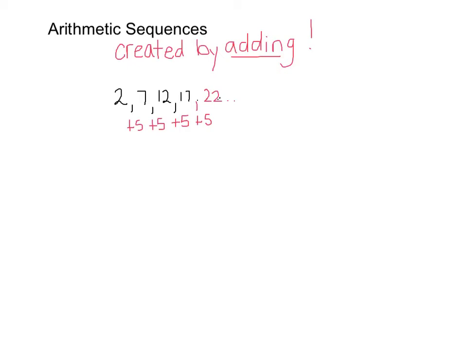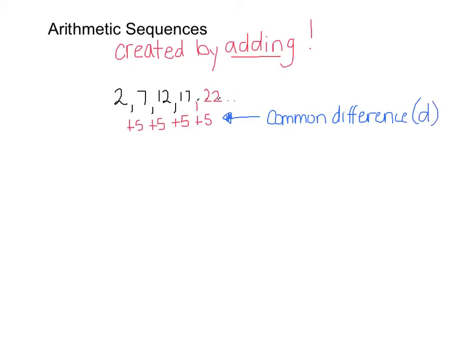Now, one thing I want to point out here is that if you cannot figure out just right off the bat what is being added each time, this number represents a common difference. Now we're going to assign a variable to this because we are going to use this in the formula in just a few minutes. So this is the common difference. Now we're going to call that just variable lowercase d.